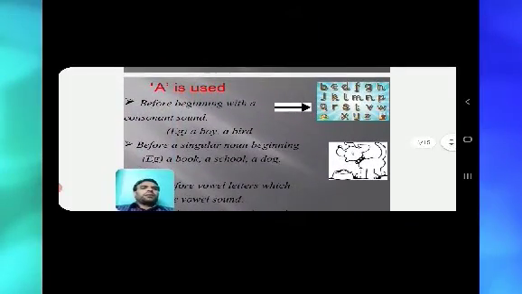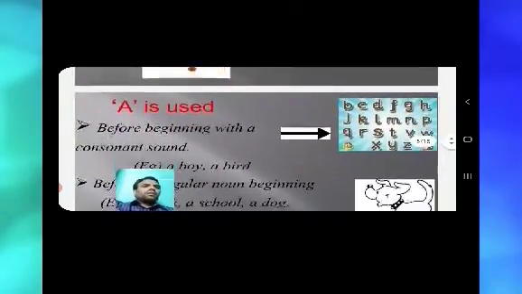Here, a is used before words beginning with consonant sounds. What are consonant sounds? Do you know, children, what a consonant is? These are the consonant sounds. You can see them here.